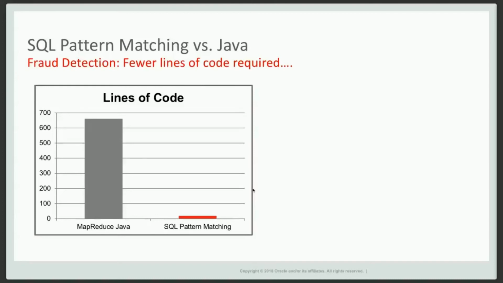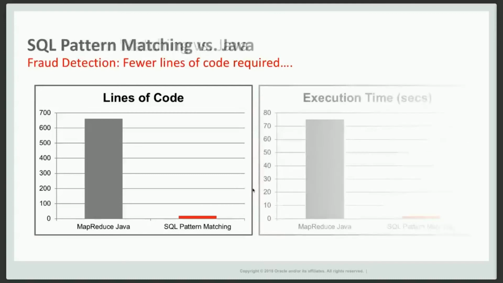You can imagine doing fraud detection in Java, and then the business come back saying, that's great, but could we actually do something a little more sophisticated and change this and check that? Now you've got to go through 700 lines of code compared to the small 20 odd lines of SQL Pattern Matching.